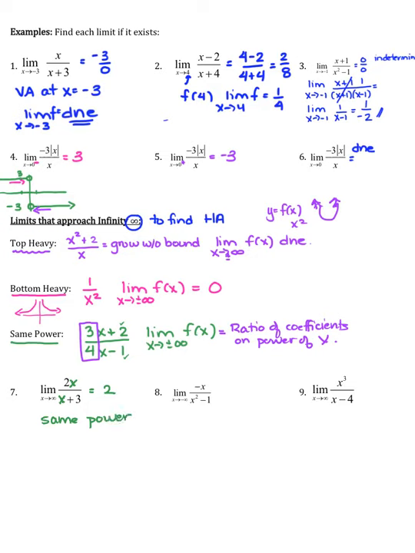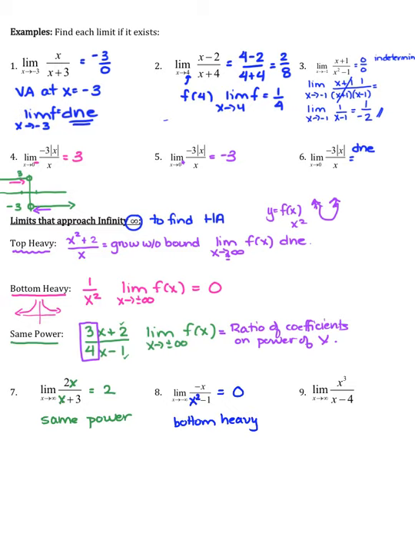The horizontal asymptote would have been 2. This next one, limit as x goes to negative infinity, which doesn't really matter here, negative x over x squared minus 1. Notice that I am bottom heavy because I have a higher power on the bottom. That means as my x's get bigger, the numbers get smaller, so the limit would be 0.